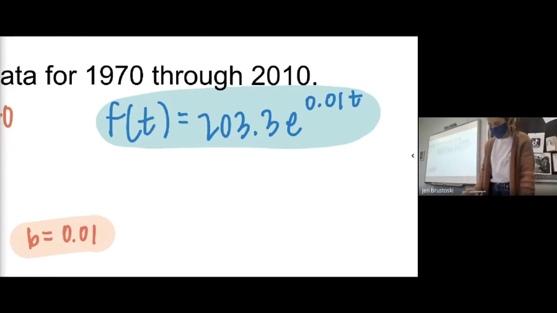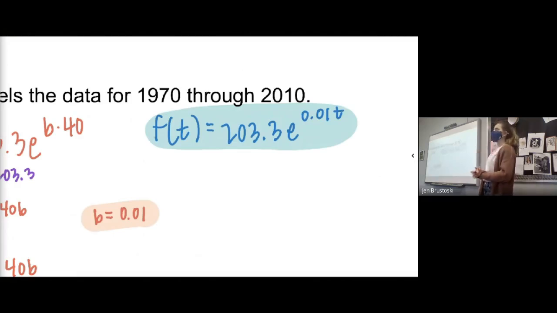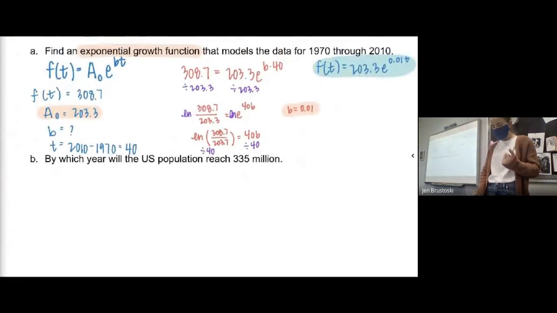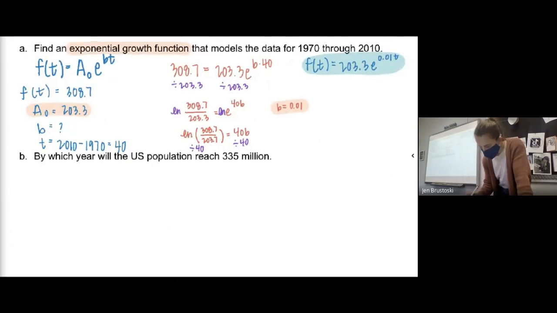All right. So now this is our growth function. Now what we can do is use it to find what it's going to be in 2021, 2022, or we can do it the reverse way. In this question, it says, by which year will the U.S. population reach 335 million?